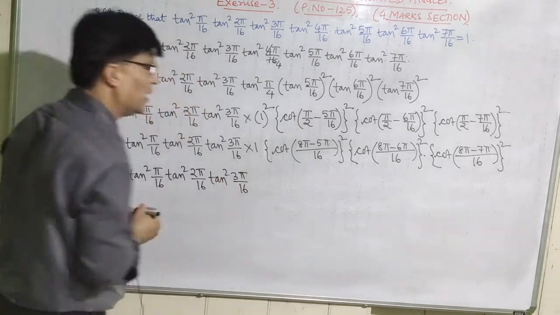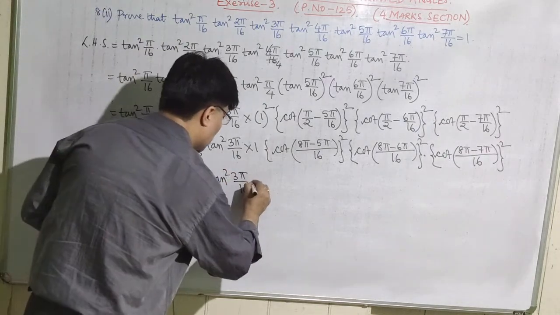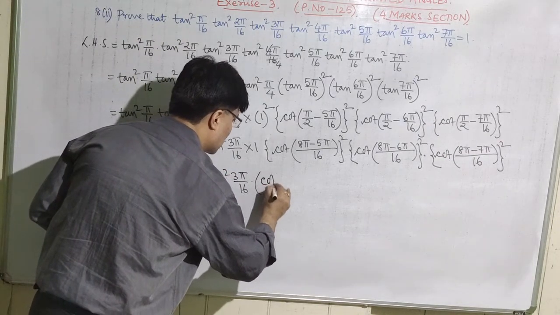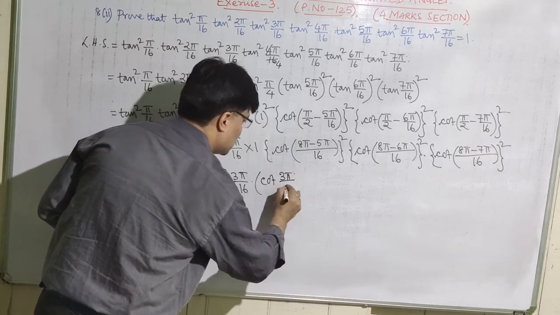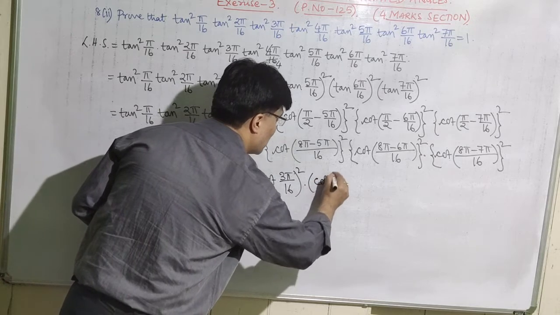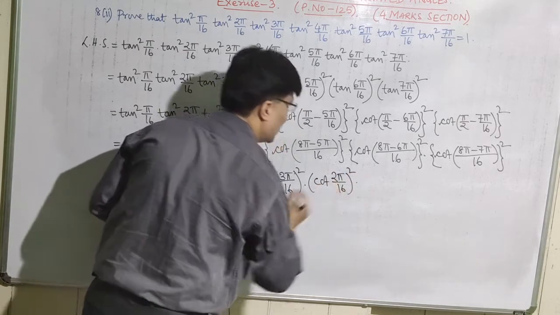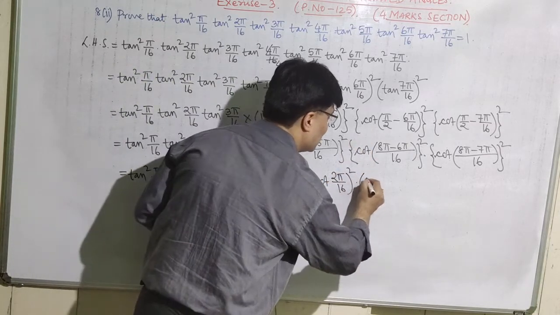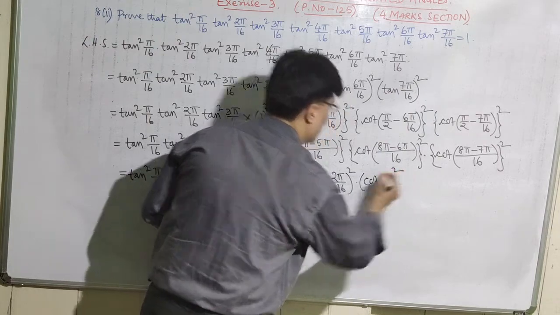So since it is 1, you don't have to write it. Okay. So into, now within bracket cot, what is 8 pi minus 5 pi? That is 3 pi by 16 whole square. This is cot 2 pi by 16 whole square into, what is that last one? It is cot pi by 16 whole square.